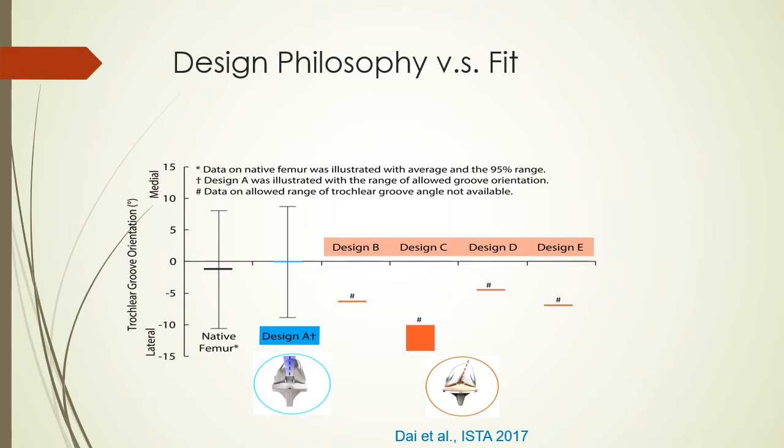Both of these design philosophies are doing well in reality from the clinical outcome standpoint. So design A is more about representing the native femur flange geometry, but the other 4 designs are based off the Q angle, which is why they are lateralized. So they are more focused on the macro level expressed patellar tracking angle. But as I said, both philosophies are getting very good clinical outcomes.